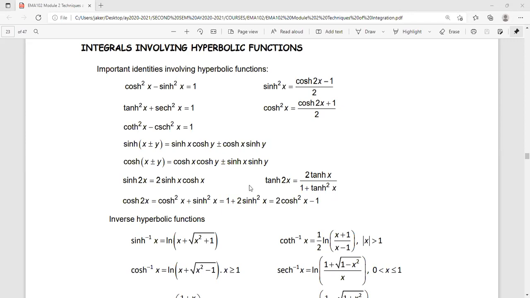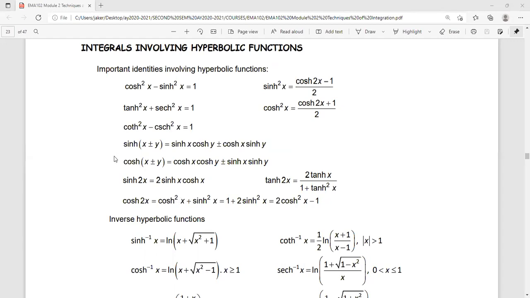Okay, please take note, class, that you have these identities to use whenever the need arises. So you have these identities relating the hyperbolic cosine to the hyperbolic sine, and the hyperbolic sine of the sum of two values, x and y, or the difference of two values, x and y, as you can see here.